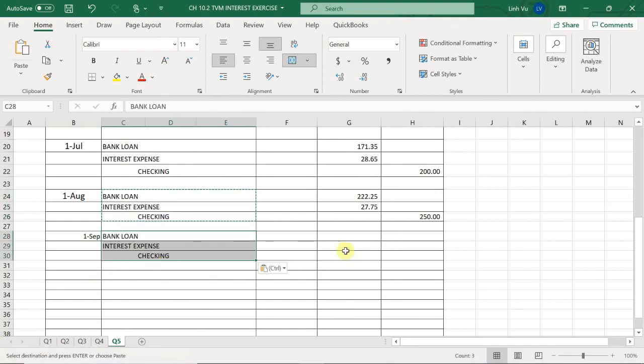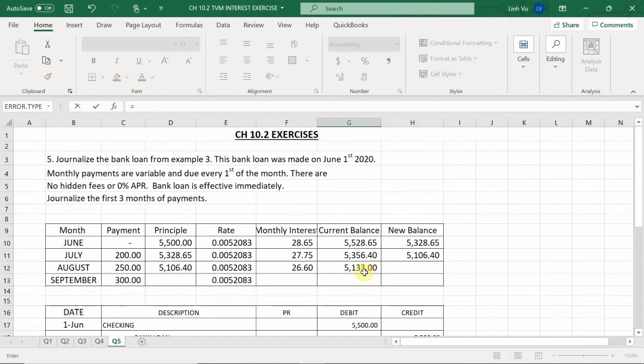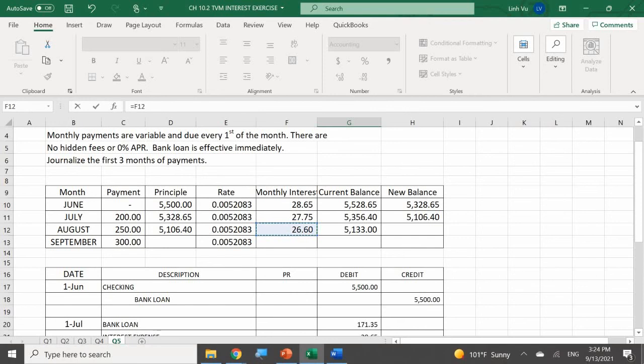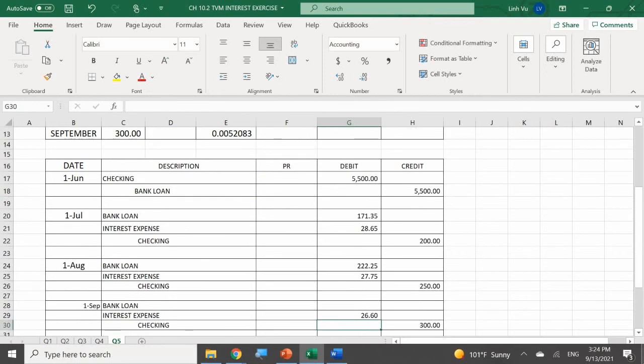But this time, my amount is $300 as opposed to the earlier situation, which was only $250. So therefore, the interest that I've calculated was $26.60.